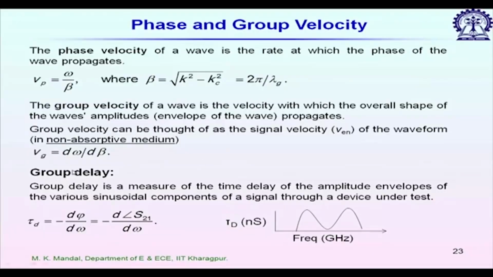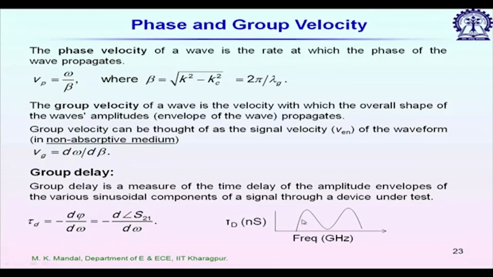So, mathematically, group delay tau d is equal to minus del by del omega of angle of S21. So, by using any vector network analyzer or by any means, if we can measure the total angle from port 1 to port 2, then we can easily calculate the group delay value.